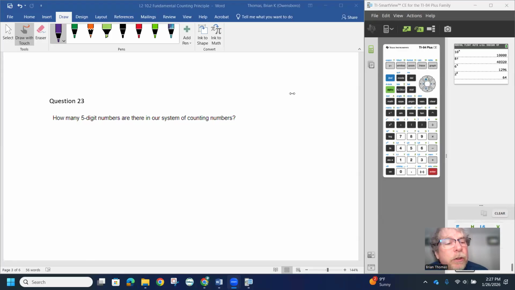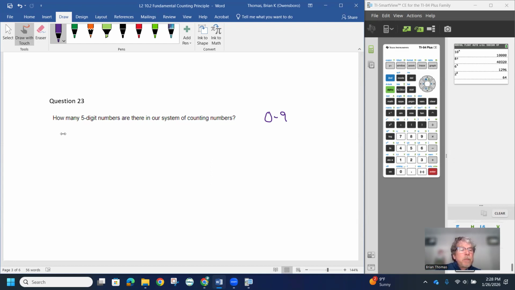Question 23 says, how many five-digit numbers are there in our system of counting numbers? We could try to count them all, but notice how we do have the digits 0 through 9. So we have 10 different digits, but it doesn't make sense for the first digit to be a zero.